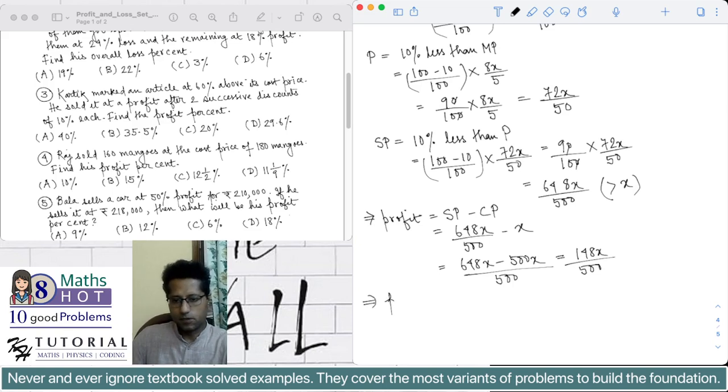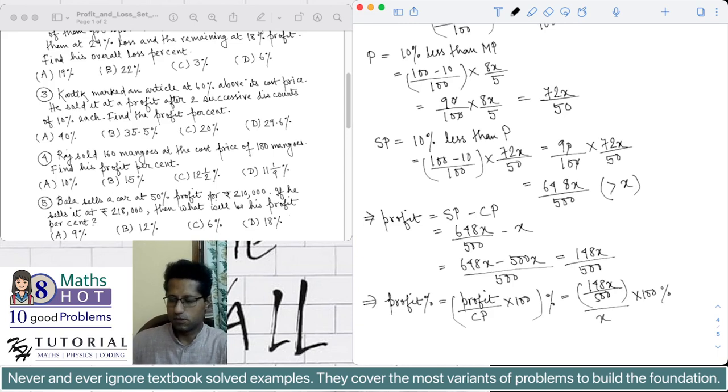Therefore, profit percentage is profit divided by CP multiplied by 100 percentage. This is equal to profit is 148X by 500 divided by CP is X multiplied by 100, this much percentage.